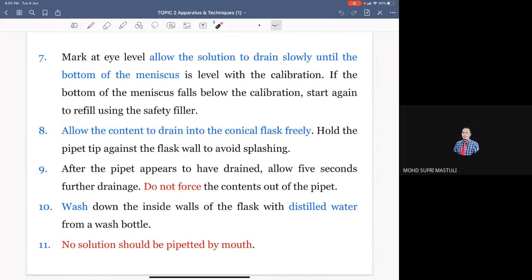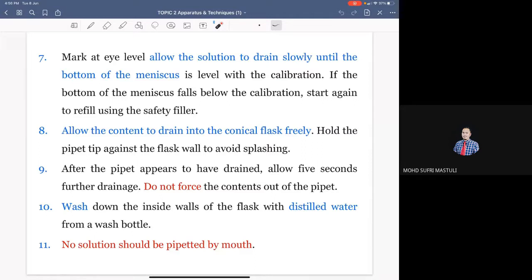So we mark at eye level, and allow the solution to drain slowly until the bottom of the meniscus touches the mark. If the bottom of the meniscus falls below the calibration mark, we start again and refill using a safety filler.